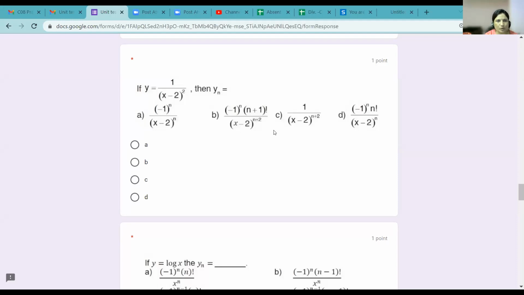Which option is the correct option now? Option B.